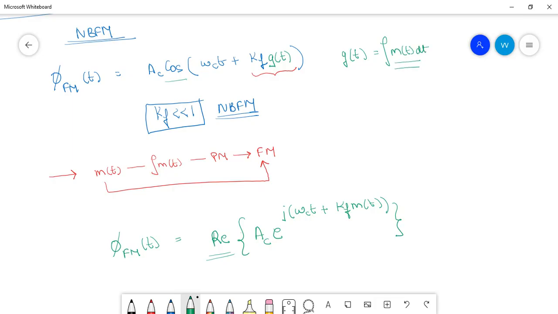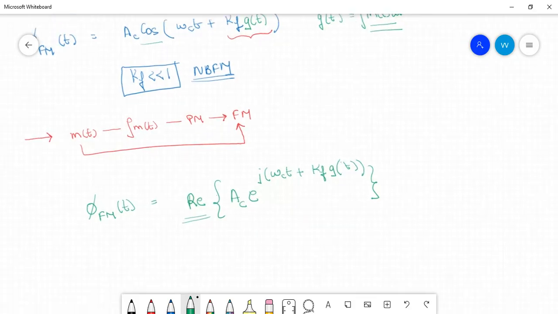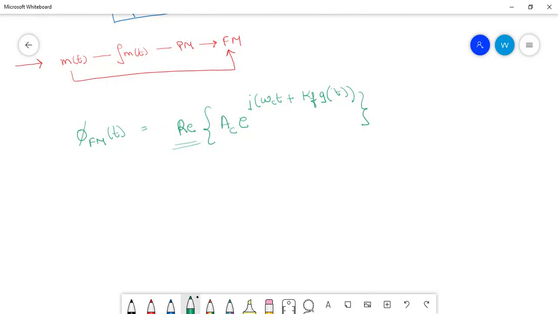We have integrated the modulating signal and then we are doing the phase modulation on that signal. So here also I would make that small change. This is g(t). Right. So now how can we expand this?